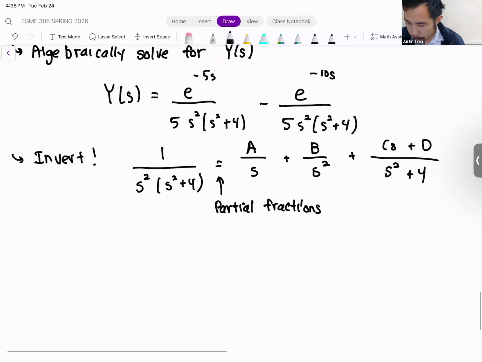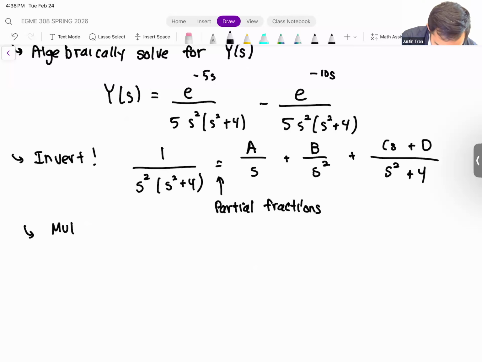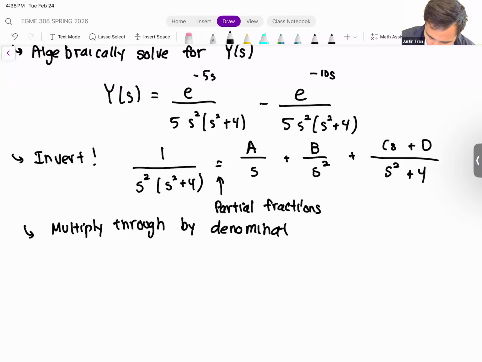All right, we've done quite a few of these already, so let's go quickly and perform these partial fractions. First thing I'm going to do is multiply by the entire denominator. We're going to multiply this entire expression by s squared times (s squared plus 4).